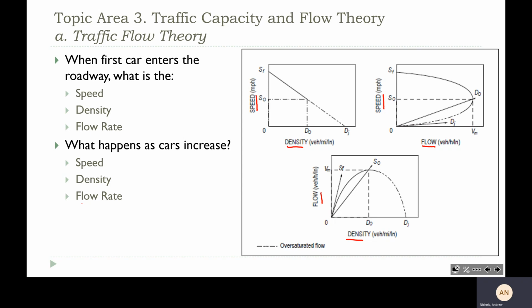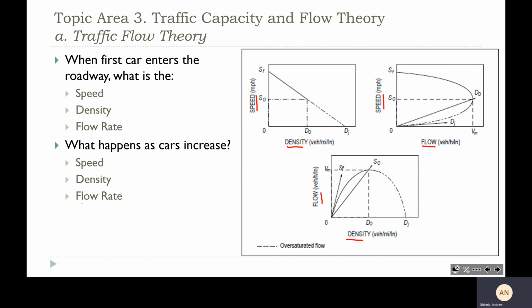Whenever the first car enters the roadway, what is the general speed of the traffic going to be? Is it going to be inhibited by the interference of other vehicles? If you're the only person on the roadway, what's prohibiting you from driving whatever speed you want? Yeah, or the law, or your compliance with the law.